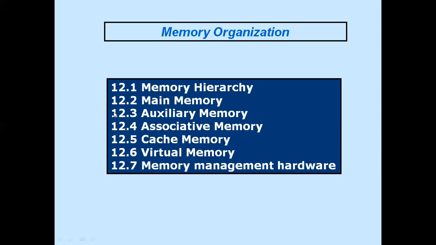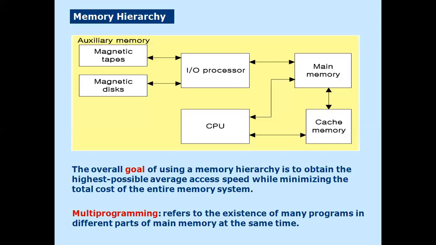So actually, what is the memory? We all know that one of the important units of the block diagram of a computer is the memory unit, which is used for storing the data in the form of cells, registers, or chips. So we may use different kinds of things.